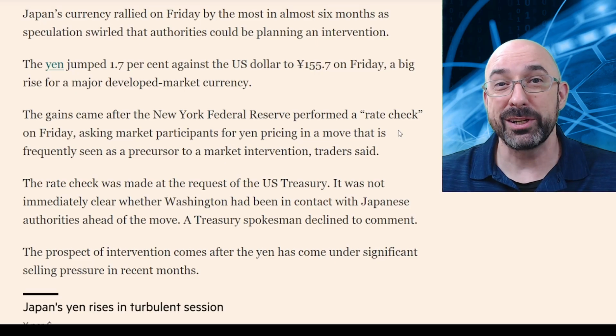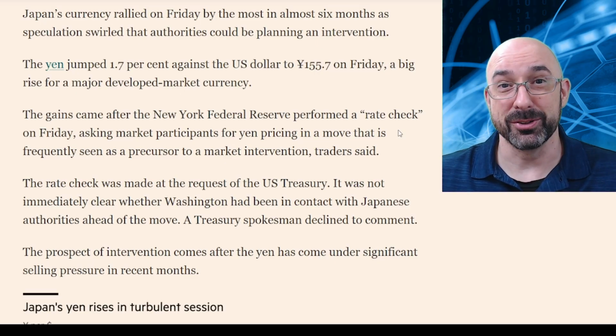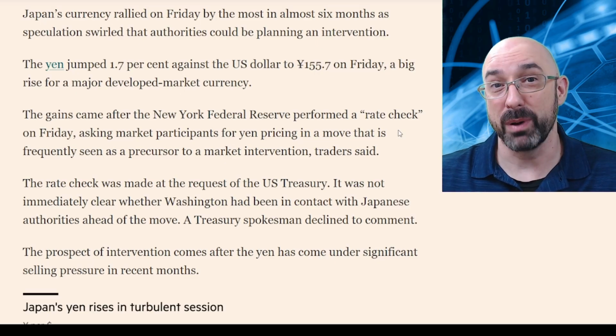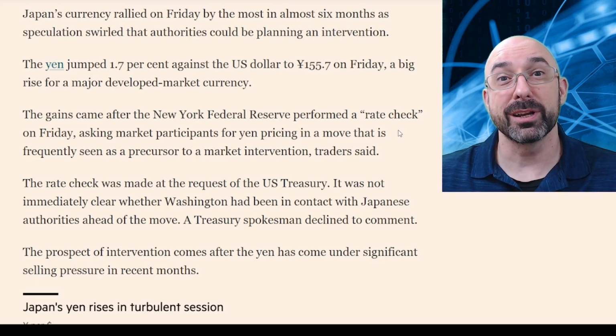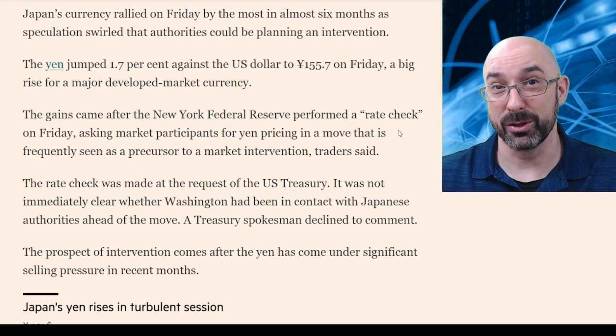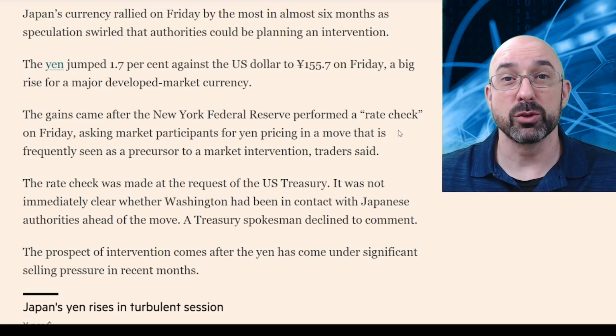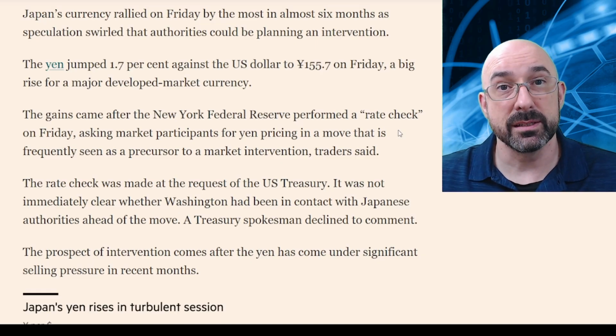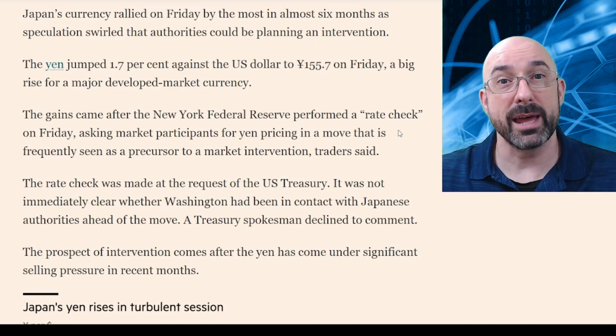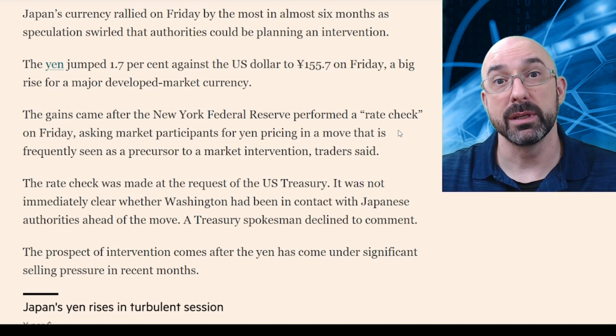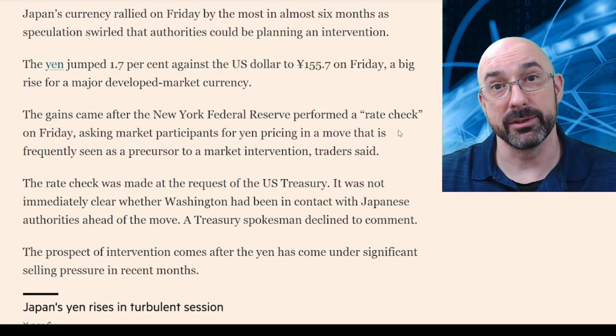Now, a rate check itself is also a signal. The information becomes public. And so the market starts to correct itself a little bit. Some of these corporations or some of these big businesses or currency traders who had a lot of currency in yen might decide to sell right away because the yen's price is going to go up if the United States buys a lot of it.